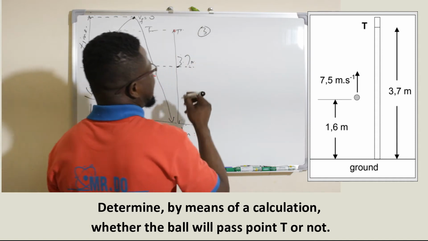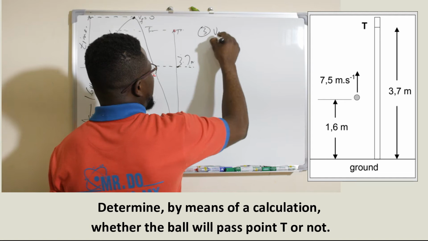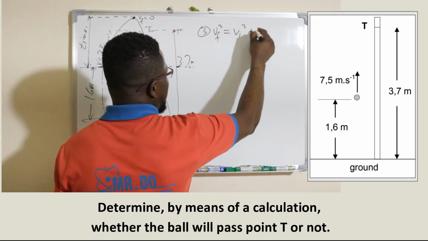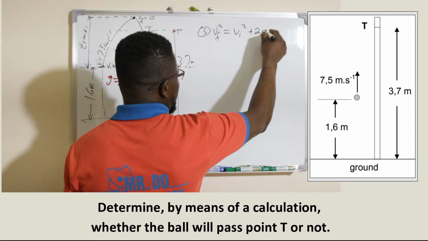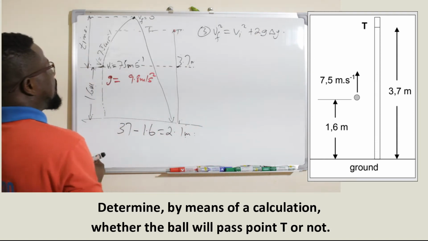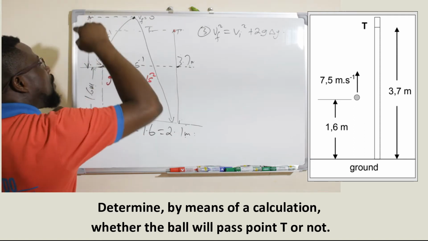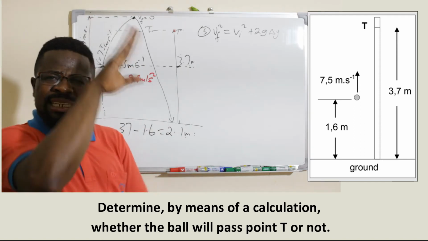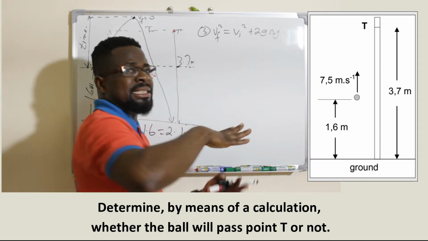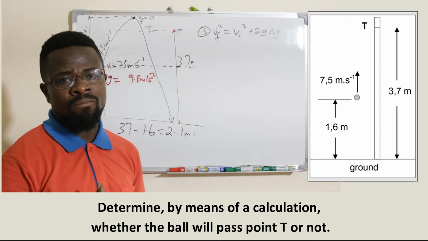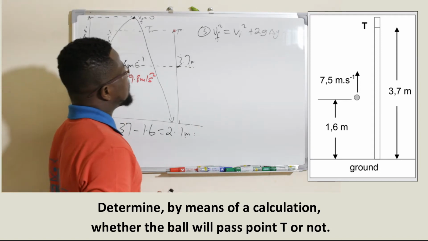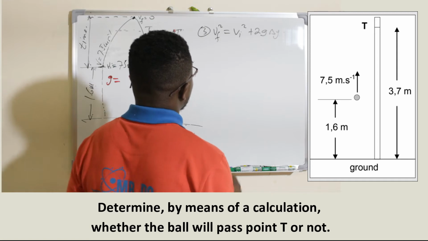The appropriate formula here is Vf squared equals Vi squared plus 2g delta y, where delta y represents the maximum height, because we are dealing with a vertical displacement. So I'm going to use that as my maximum displacement.